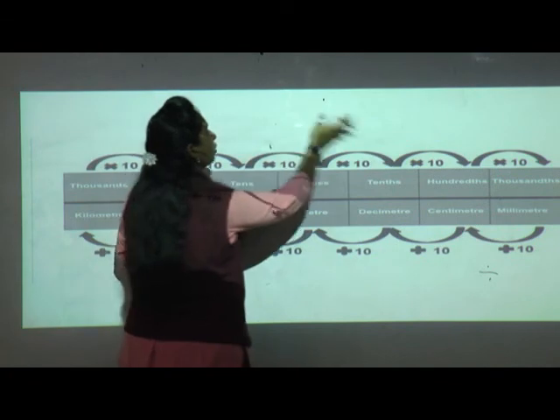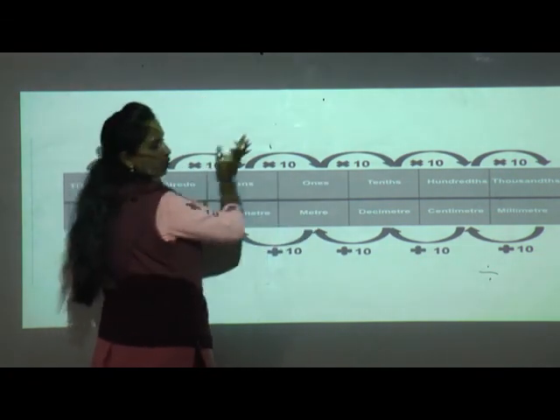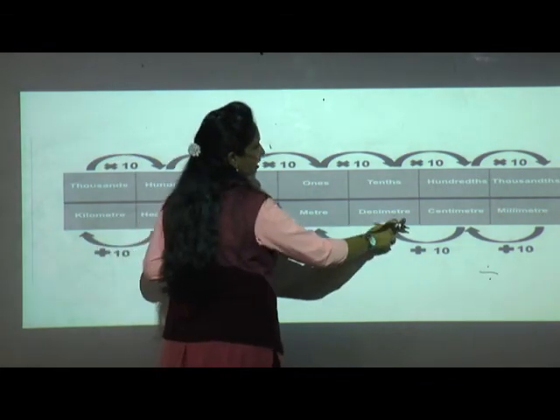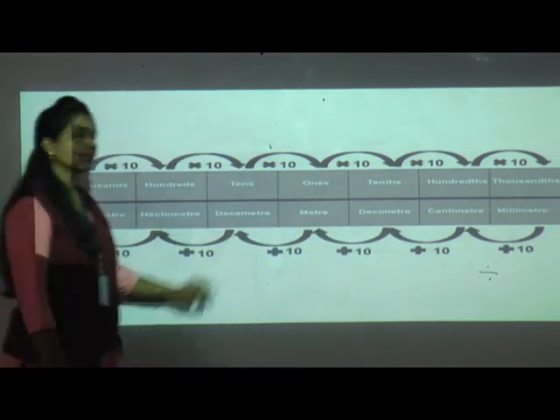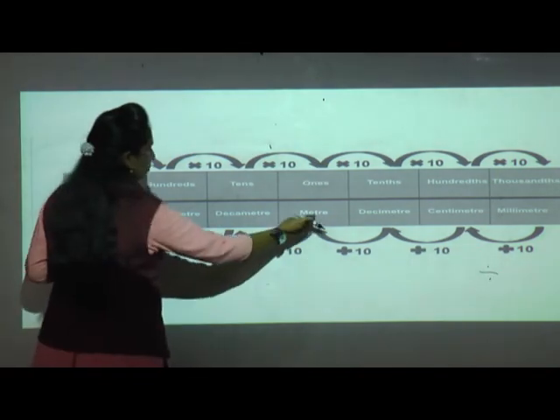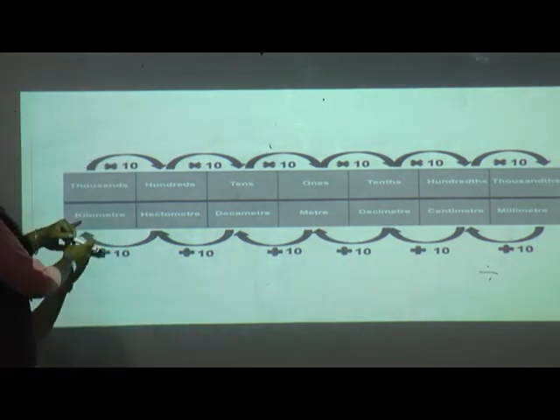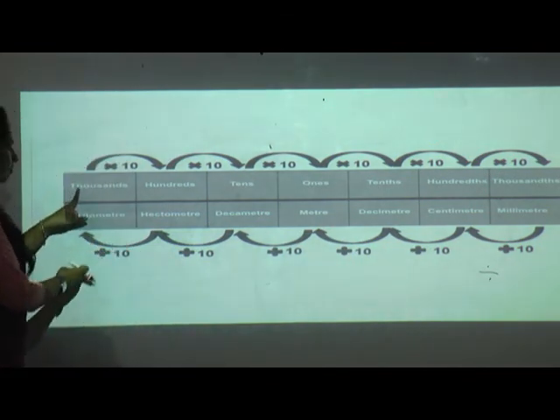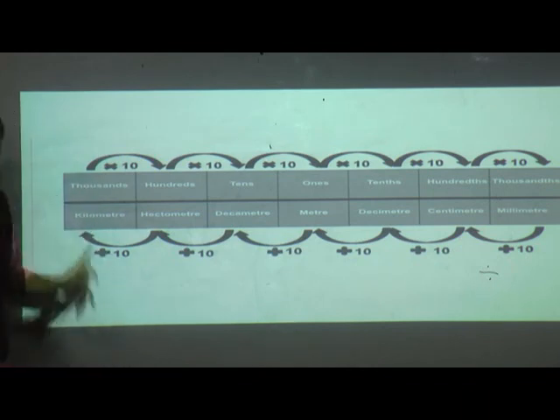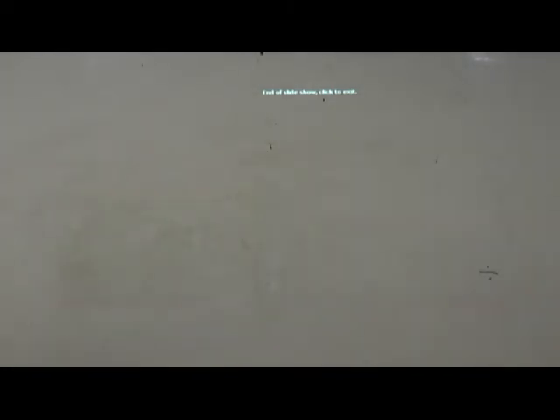From here to here, that is higher to lower. Where is decameter? Here, and decimeter here. So what will you do? Yes, multiply by 10, isn't it? In the same way, if you want to convert meter into kilometer directly, what is the place value? 1000. So you will divide by thousands. Clear? Yes, very good.